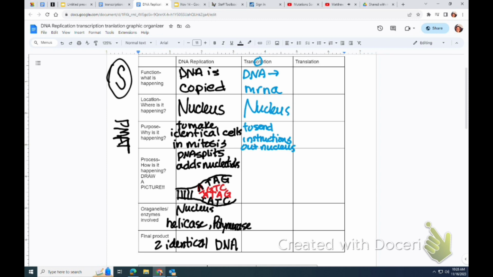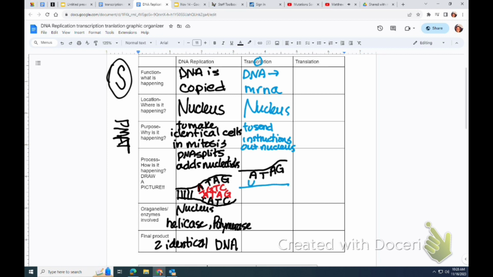So for the process, I'm going to go back to my black to draw that same strand of DNA. We're going to go A, T, A, G. And then my new strand, my mRNA this time, we're going to put here.